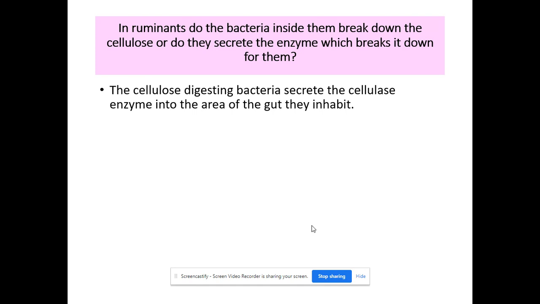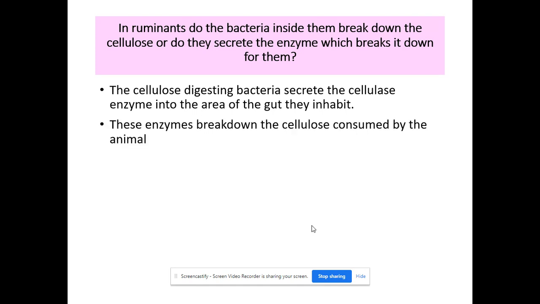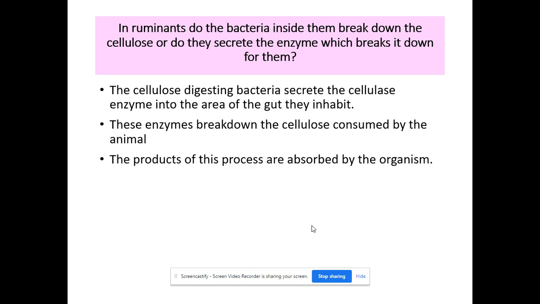So they do a process of extracellular digestion, secreting the enzyme out of the bacteria. These enzymes break down the cellulose consumed by the animal, and then the products of that can be absorbed by the organism.